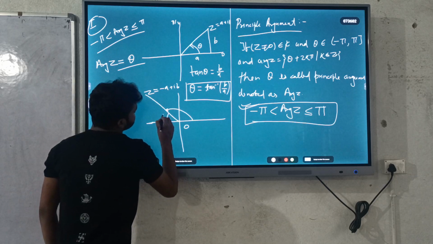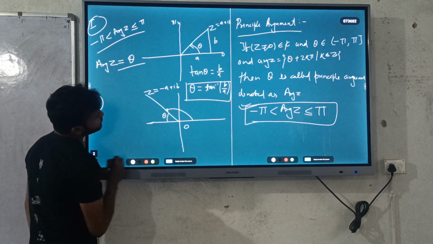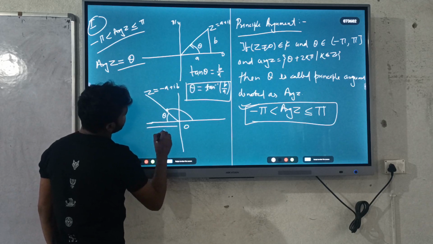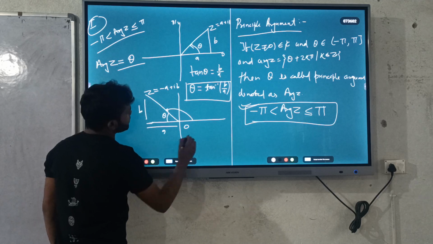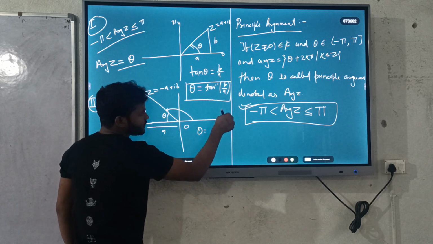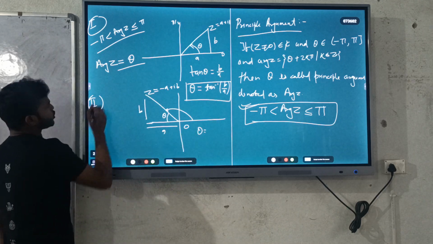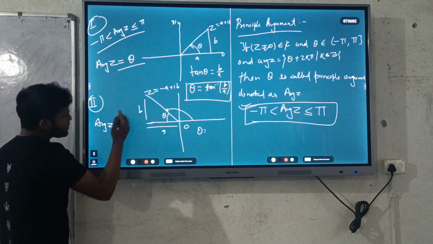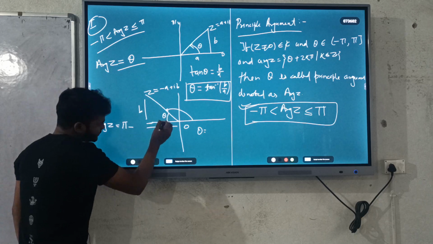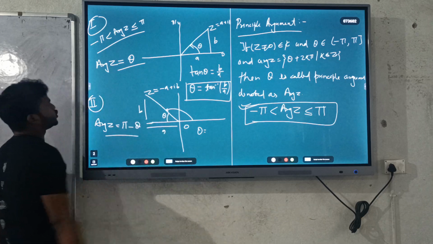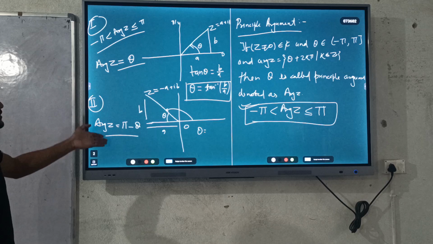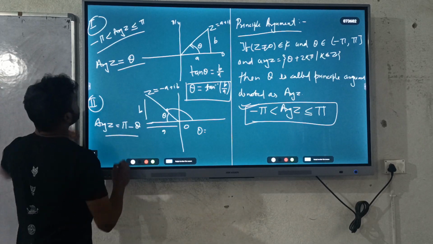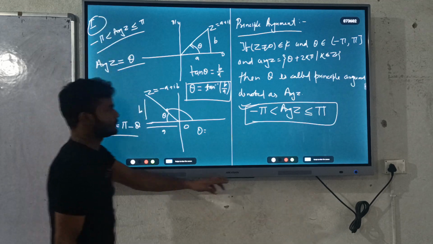So we calculate this portion. This is theta. By the similar concept we used here, this distance is a and this distance is b, so theta will again be the same value. So the argument of z is equal to pi minus this angle theta. So in the first quadrant we get theta, in the second quadrant we get pi minus theta, and we can see that this angle lies in this interval.